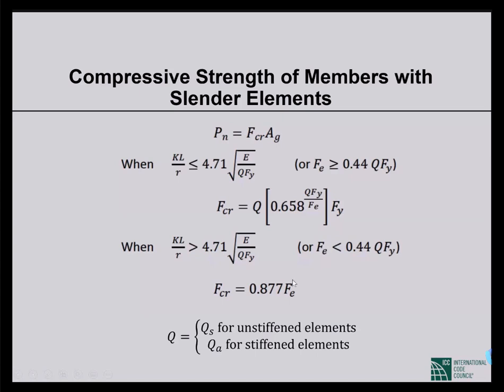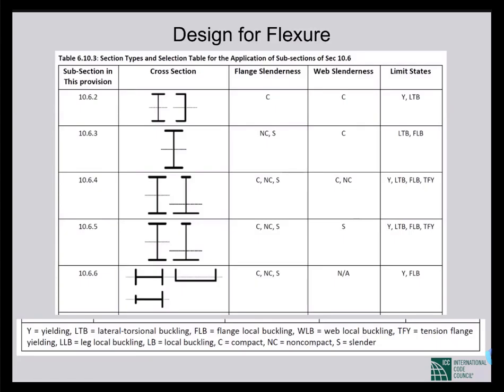The value depends on whether the element is a stiffened element or an unstiffened element. We are talking about slender elements, so there are different formulas for this value of q. It reduces the stress, but the amount of reduction depends on whether it is stiffened or unstiffened, and basically it depends on B by T and H by TW ratios.